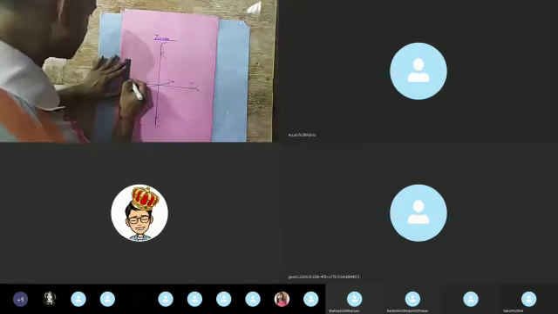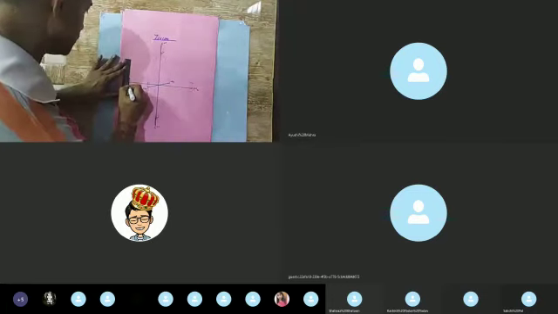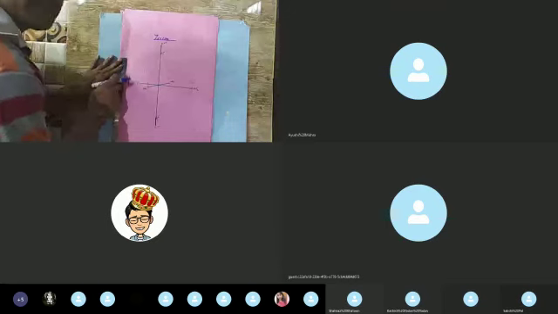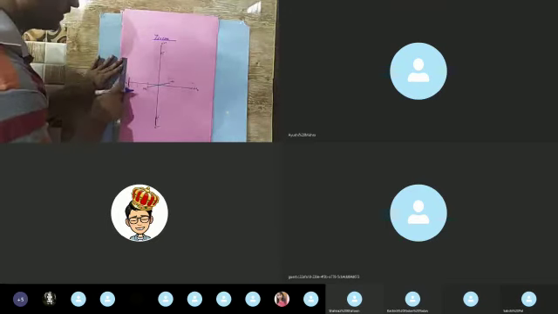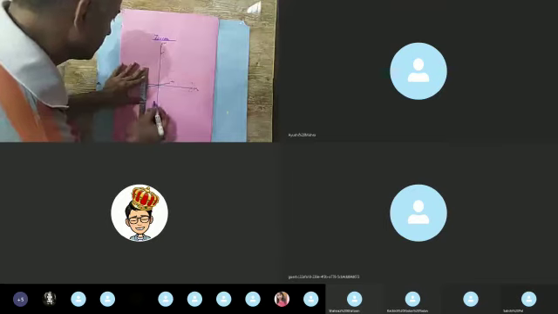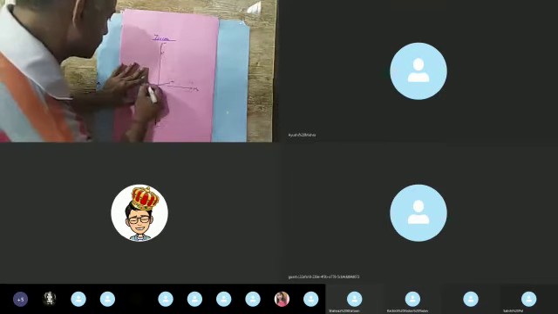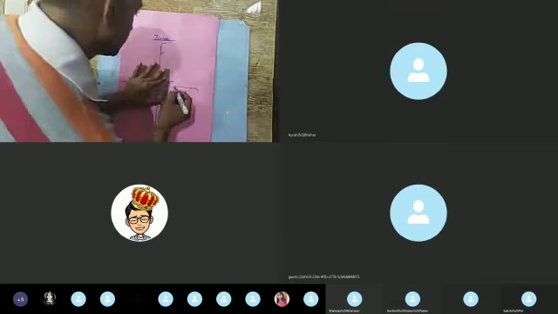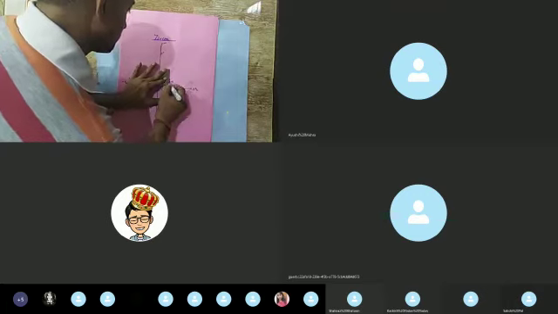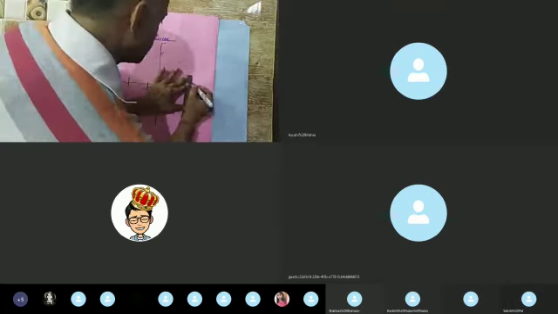So this is total 1 inch, 0.5 inch upper side and 0.5 lower. This is total 1 inch. Total 1 inch.